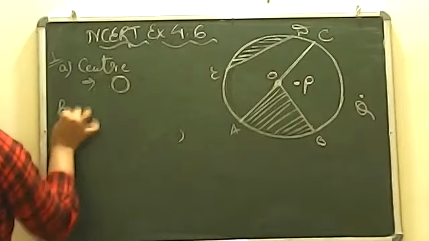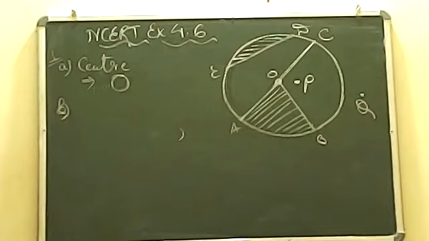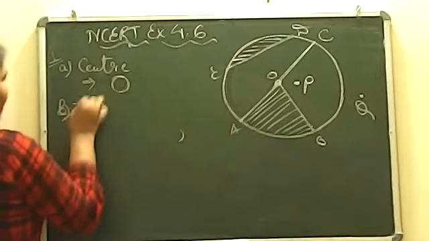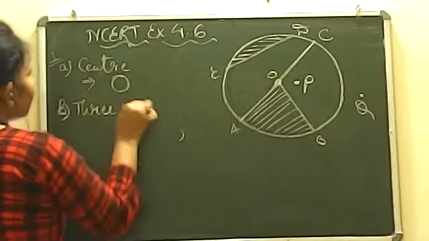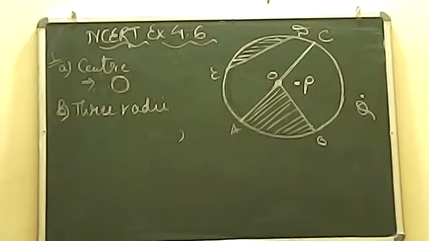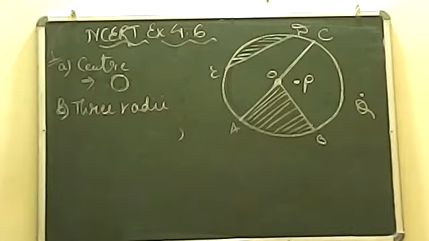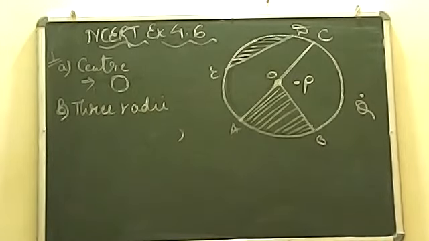Now move on to question number B. Question B says that you have to tell 3 radii here. When you talk about 1 radius, it is called radius. When you have more than 1, you call it radii, R-A-D-I-I. It's the plural of radius.